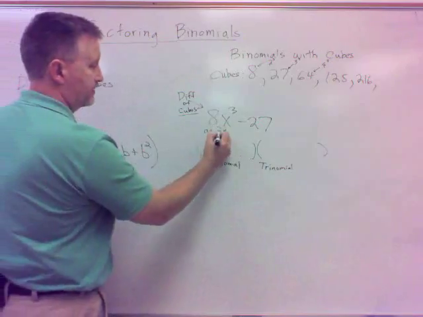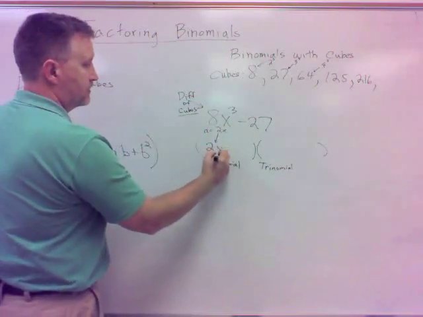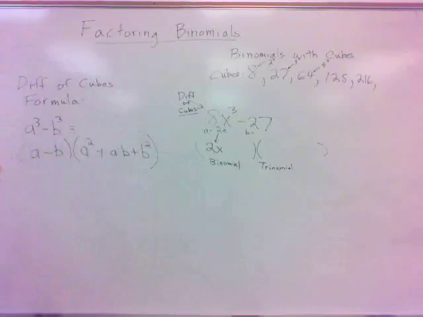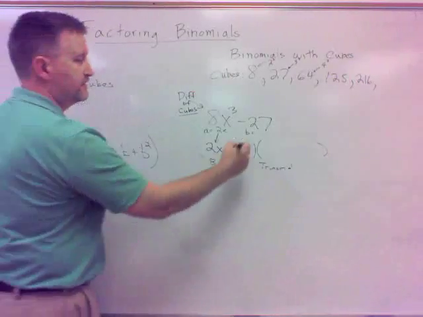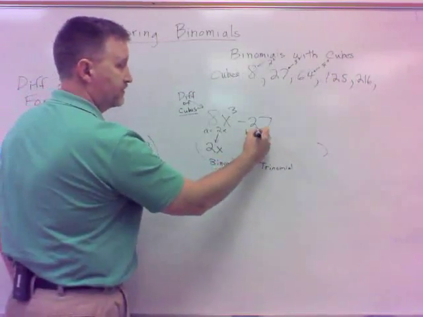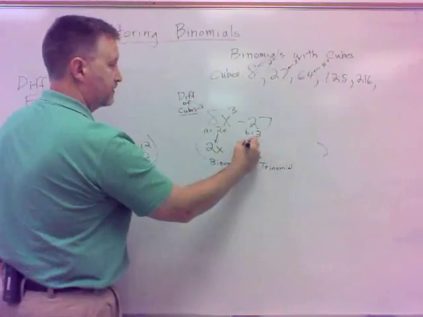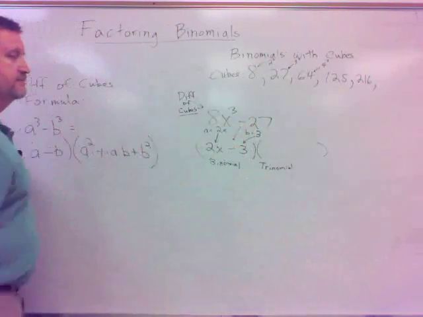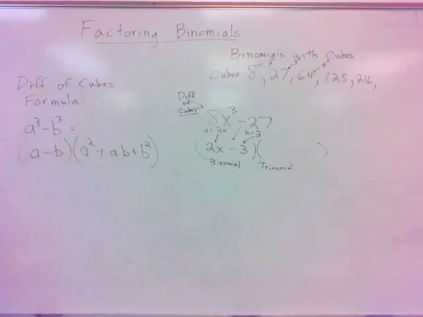That's what goes right here. b is what you cube to get the 27. So what would I cube to get the 27? I would cube 3, and that's what goes right here. And then notice the sign is minus just like it is there. So that's the binomial. Pretty easy.